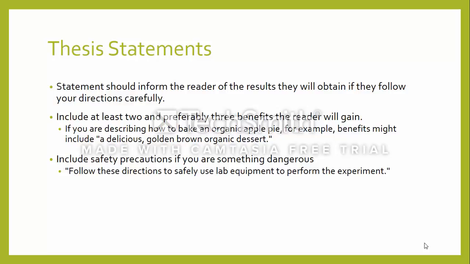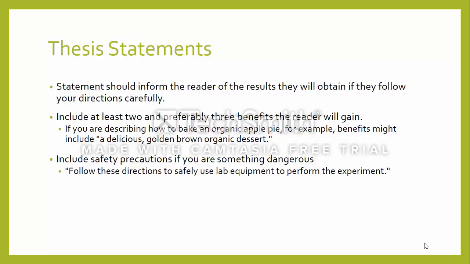Second, you want to try to include two or three benefits that the reader will gain from following your instructions. Something along the lines of the benefits might include a delicious golden brown organic dessert. You want to make it look attractive and give it a good benefit to the reader, so they want to look at it and they want to make it.